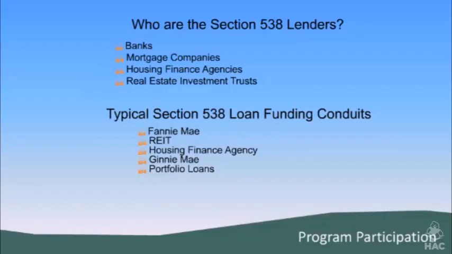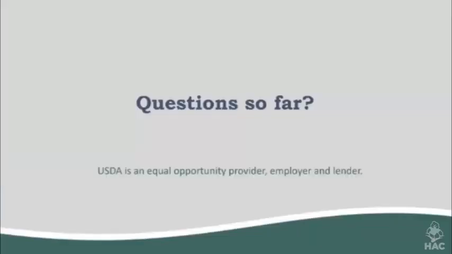Lenders who apply to be eligible in the Section 538 program and are approved will remain eligible until they close their first loan in the program, and then they are determined approved at that point.